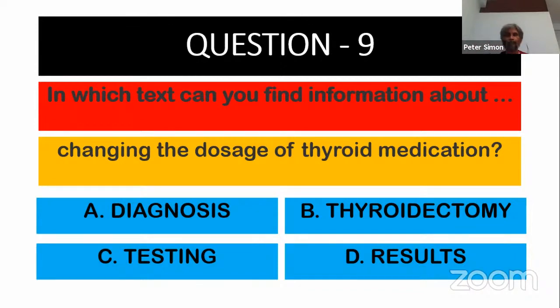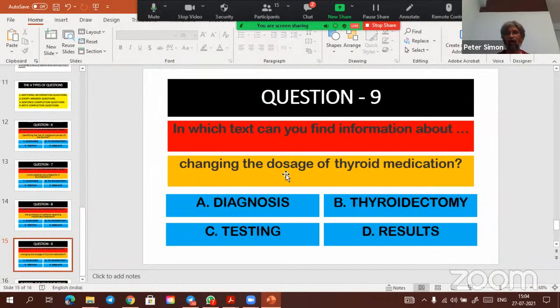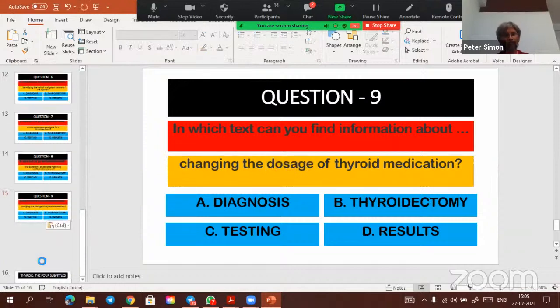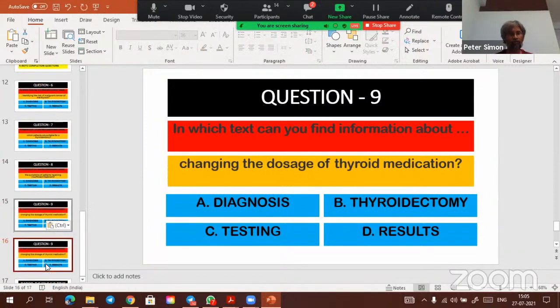The keyword here is dosage. I am telling you how to identify which word to look for. Dosage: 5 mg to 10 mg, or 10 mg to 5 mg, or 500 mg to 250, or 500 to 700, or whatever it is. Then next.